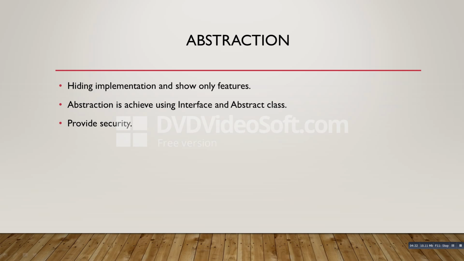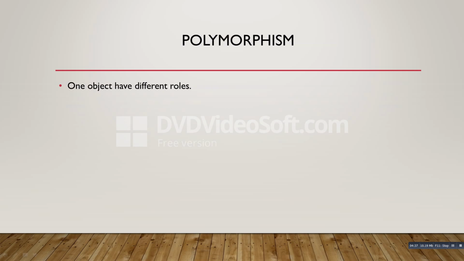Next we are going to learn about polymorphism. So what is polymorphism? Polymorphism is nothing but one object having different roles. To understand polymorphism, take the example of yourself.